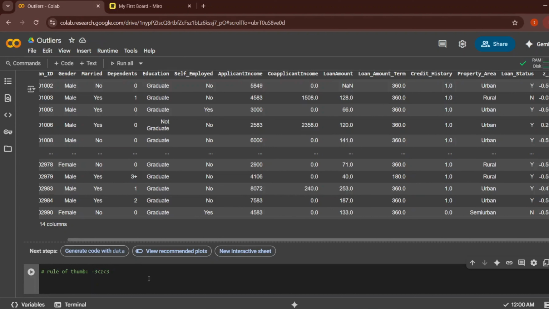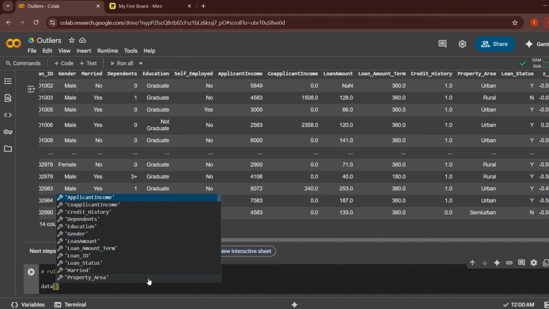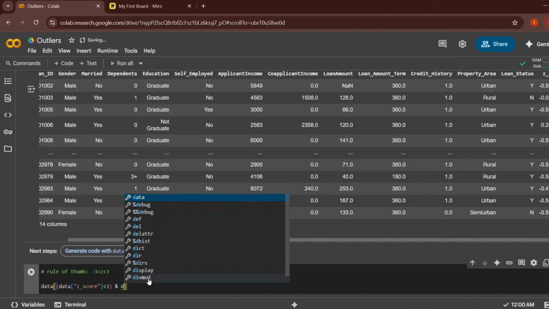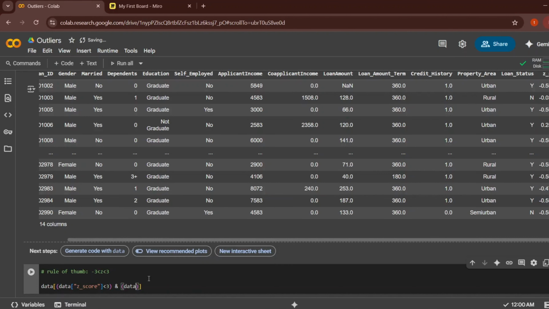We would write data, and within it will be z-score, this will be less than 3, and again in the same manner data z-score greater than minus 3.